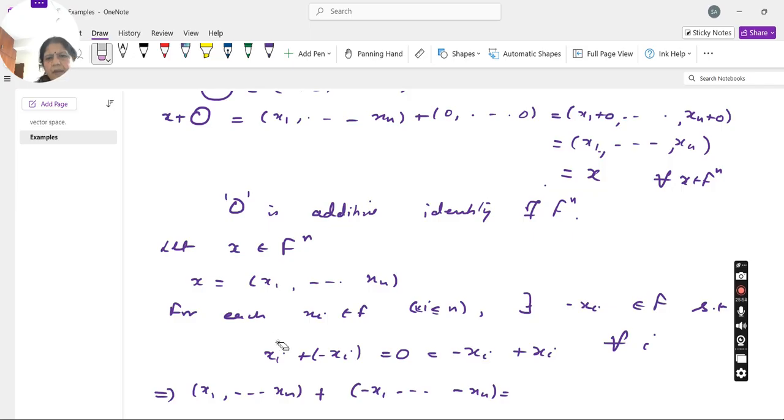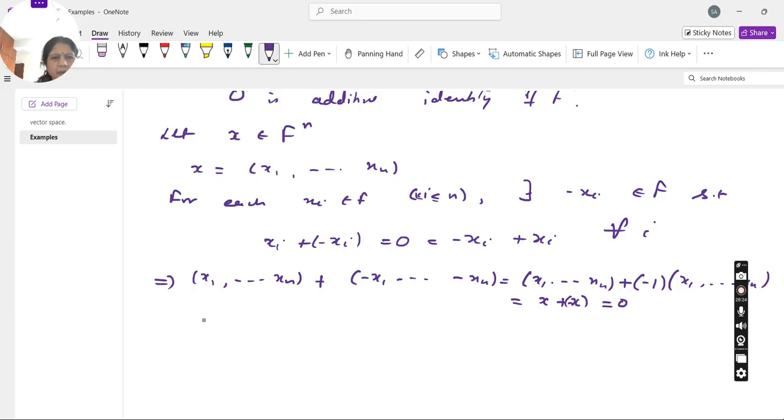so I can write this equal to (x1, x2, ..., xn) plus minus 1 times it, which is x minus x is 0, or I can write x plus minus x is 0. Similarly, minus x plus x is 0.